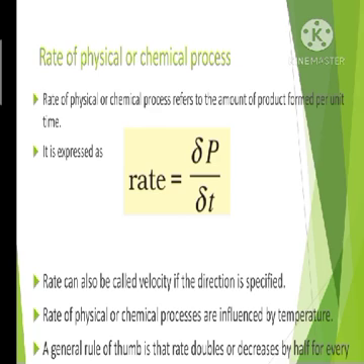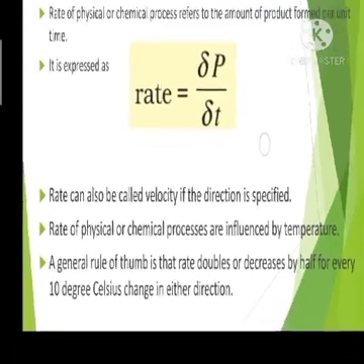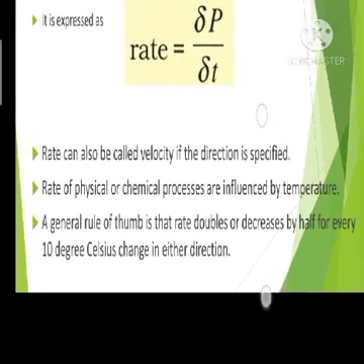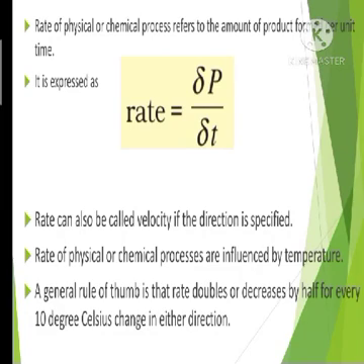Rate of reaction is equal to delta P by delta T. And this rate of reaction can also be called velocity if the direction is specified. That is, if the direction in which the reaction is taking place is specified, then we can consider it as velocity.